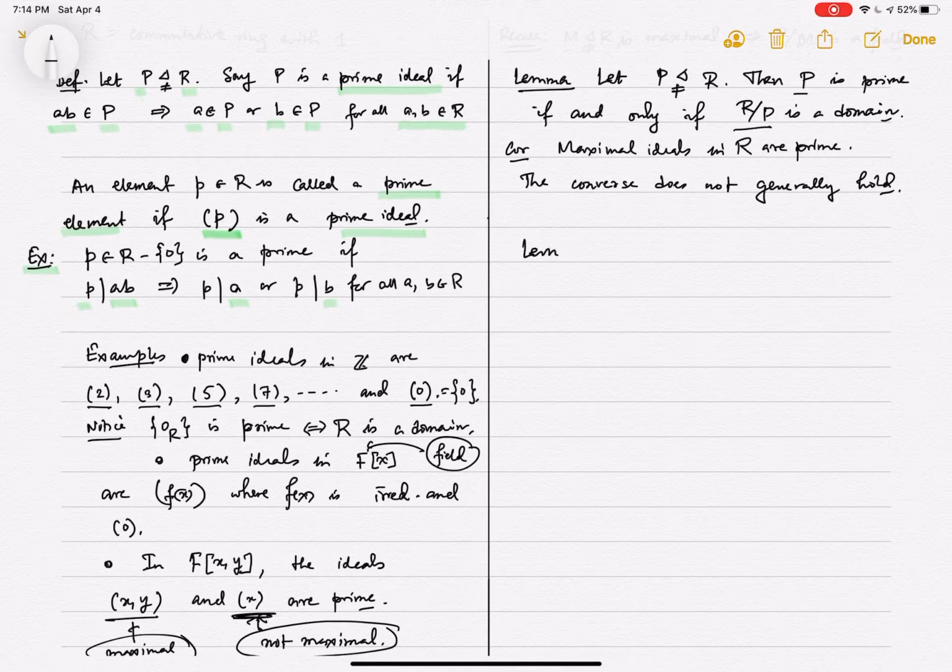So prime ideals in, let's be more precise, prime ideals in a PID, principal ideal domain, are maximal. This I think I left as an exercise last time. Let's actually do it.